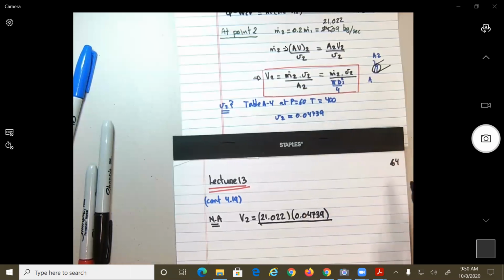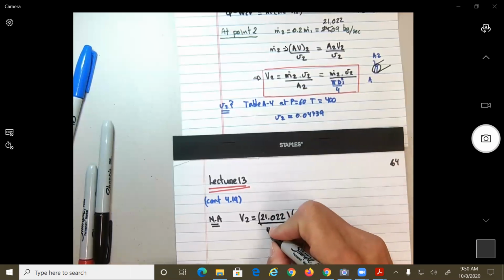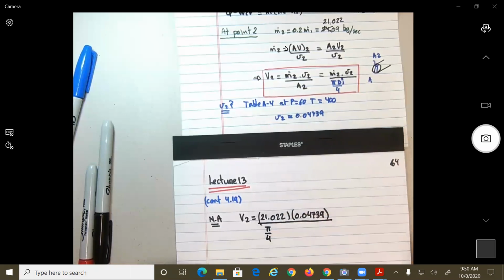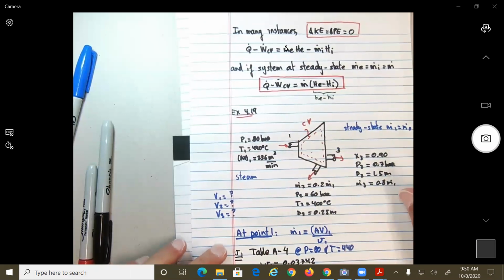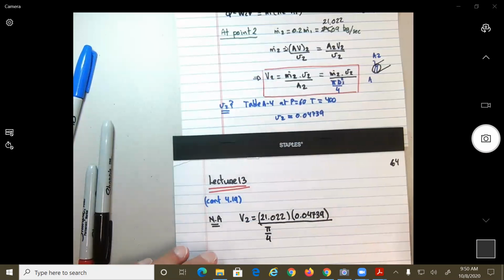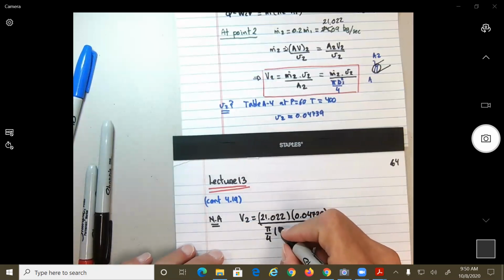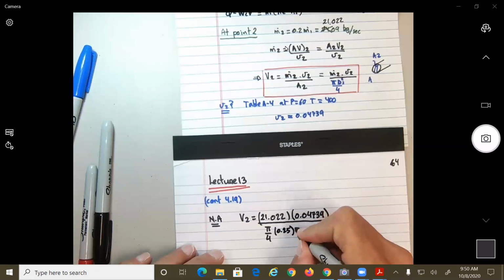At the bottom, we're going to have, we didn't calculate it, but the pi over 4. The diameter at 2 is 0.25 meters, so times 0.25 squared.